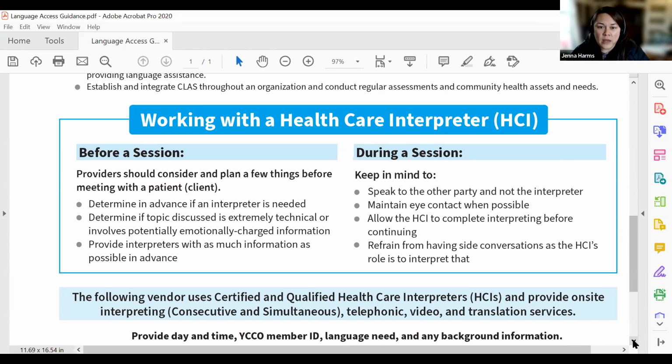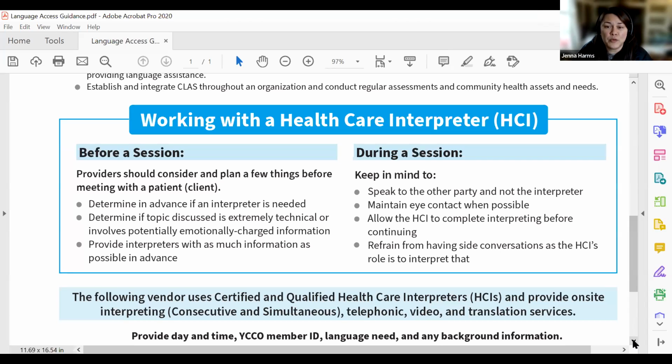That is something that we can offer providers support with, as well as many providers have established systems within their practices to be able to identify members who may need language assistance support or services.